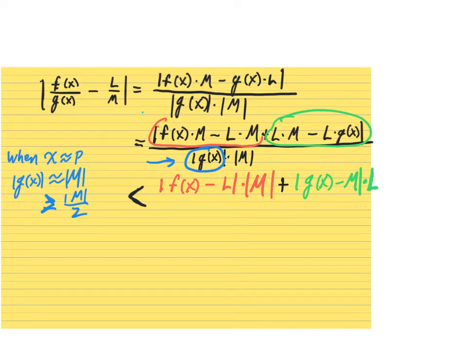And then in the denominator, g of x, sorry, that blue is not relevant. g of x is bigger than absolute m over 2. So I can replace that g of x by absolute m over 2 and make the denominator smaller, and so the whole thing bigger.